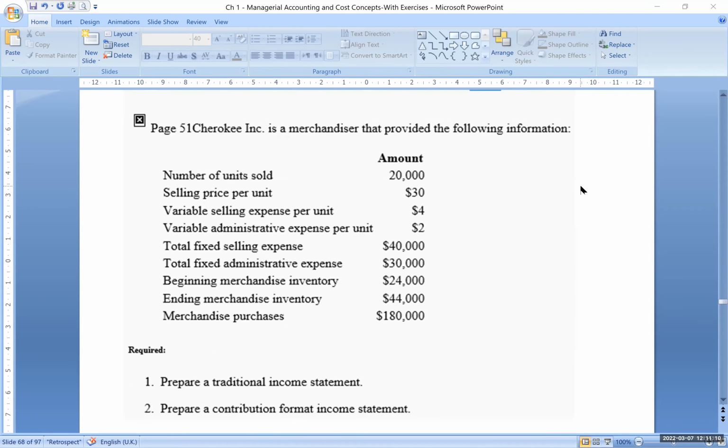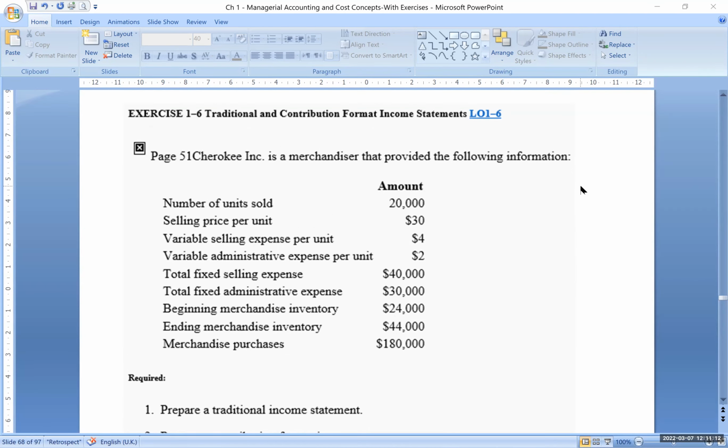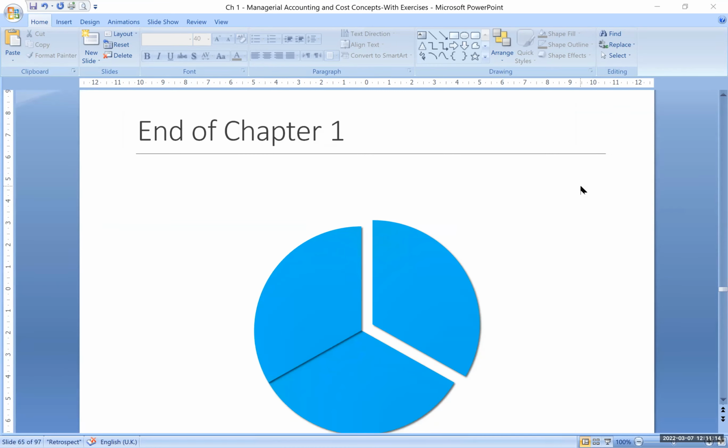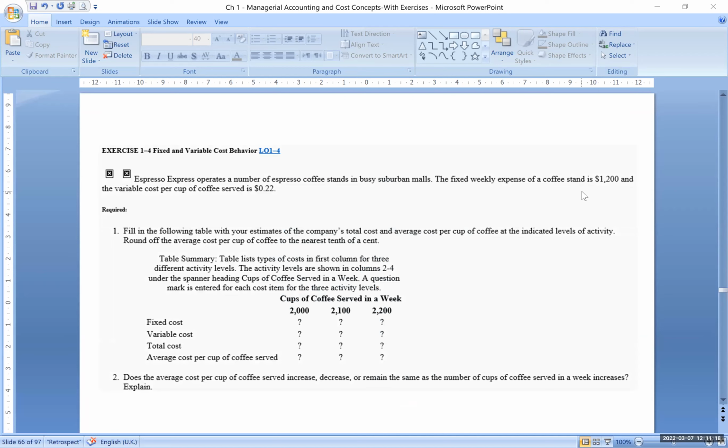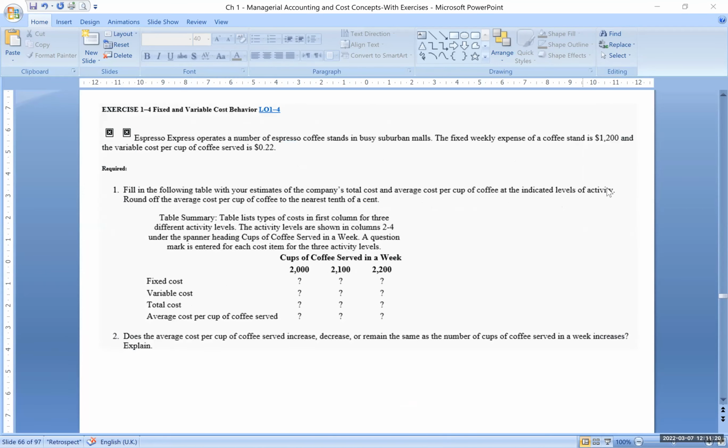I think I will start with 1.4. Okay, 1.4 is a little bit tricky, but important. Look, fixed and variable cost behavior.